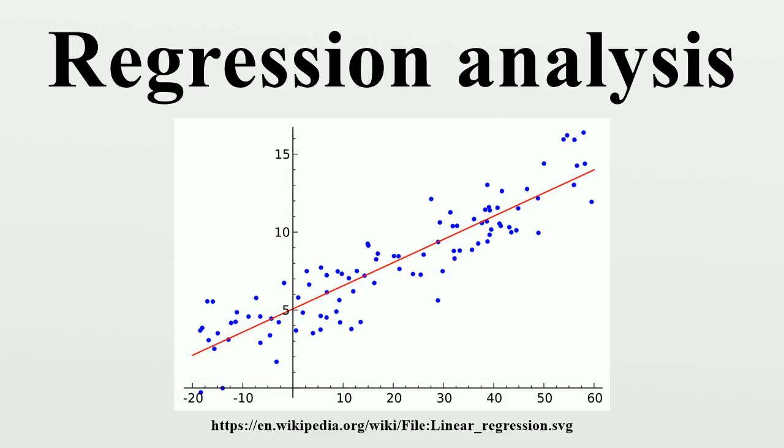In all cases, the estimation target is a function of the independent variables called the regression function. In regression analysis, it is also of interest to characterize the variation of the dependent variable around the regression function, which can be described by a probability distribution.